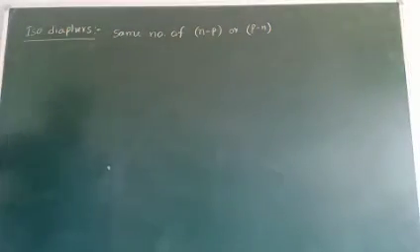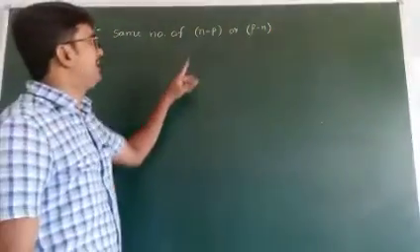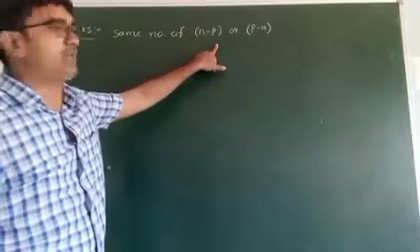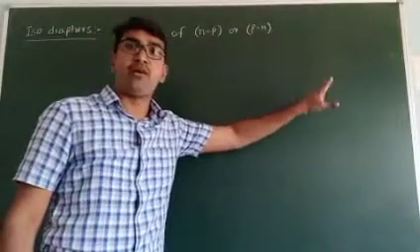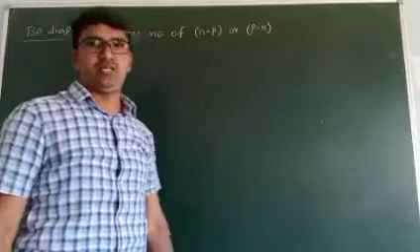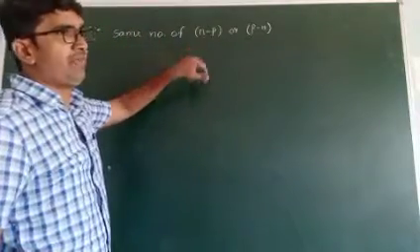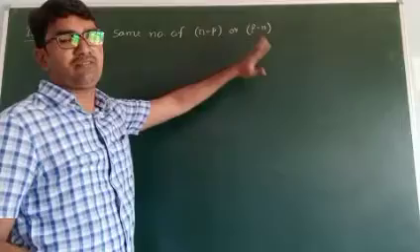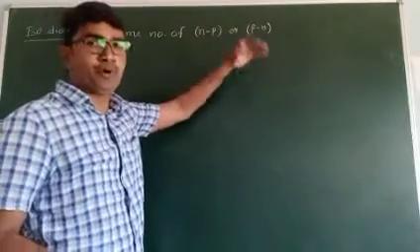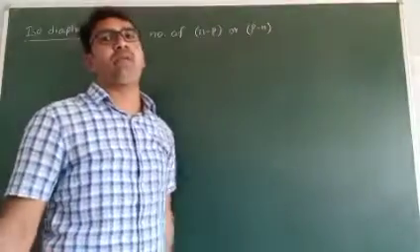Here n minus p means number of neutrons minus number of protons, and p minus n means number of protons minus number of neutrons. So if the number of neutrons is more, subtract the number of protons from it. If the number of protons is more, subtract the number of neutrons from it.